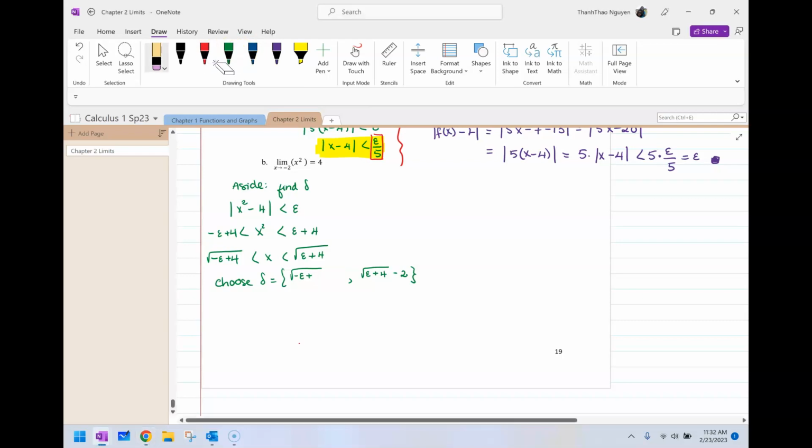For better calculation, let's write the first as 2 minus the square root of negative epsilon plus 4. So that is what we choose.